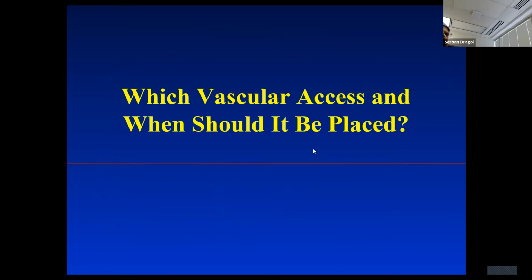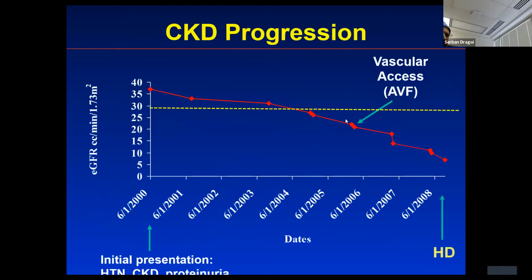Which vascular access and when should we place that? Again, about 20% of GFR is when we should place access. It is happening rarely, that I will tell you. Patients are undecided. We're trying to steer them all towards PD, and then some of them say, I've heard there's something else rather than dialysis.